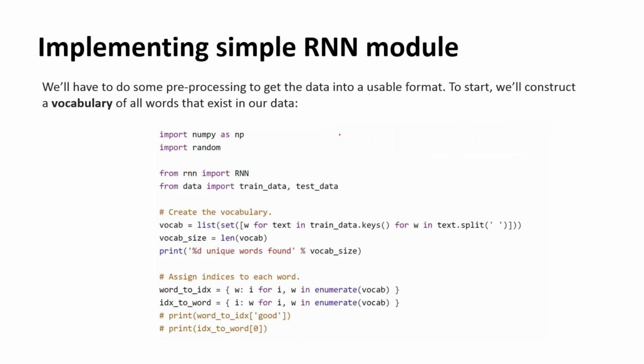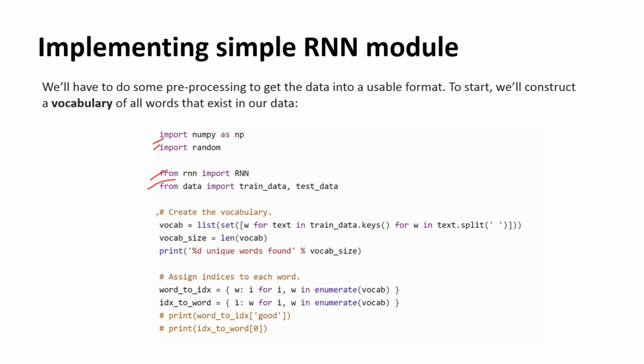So implementing the RNN module, we will have to do some pre-processing to get the data into a usable format for the RNN. To start, we will construct a vocabulary of all words that exist in our data. For example, we import the numpy library, and then we import RNN, which I already defined.